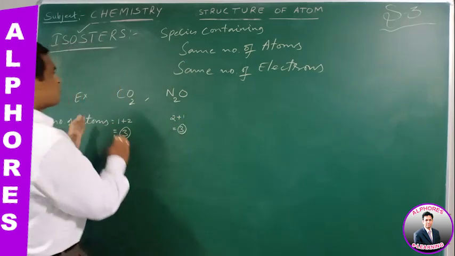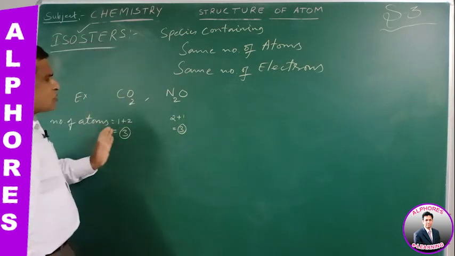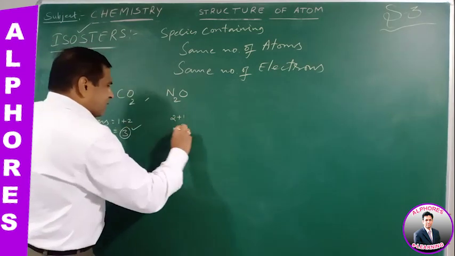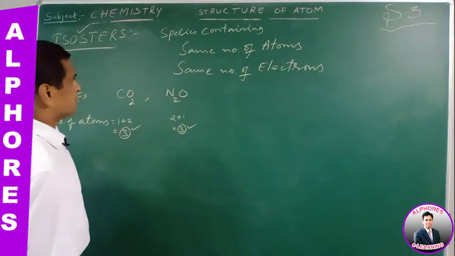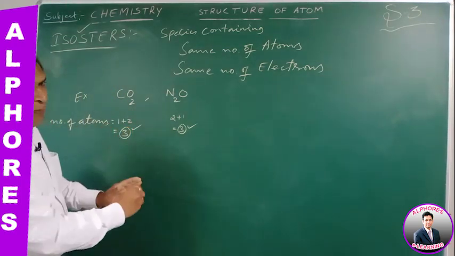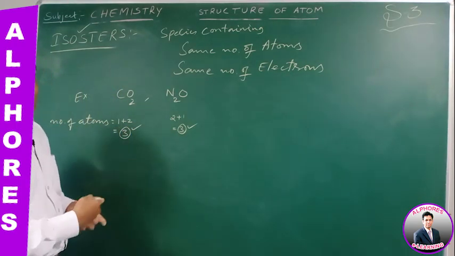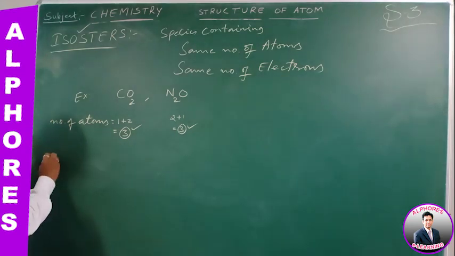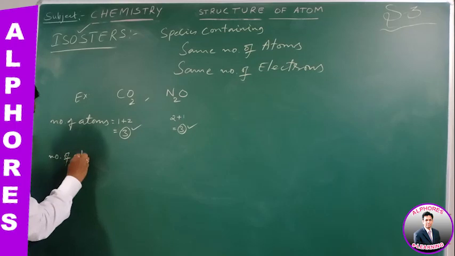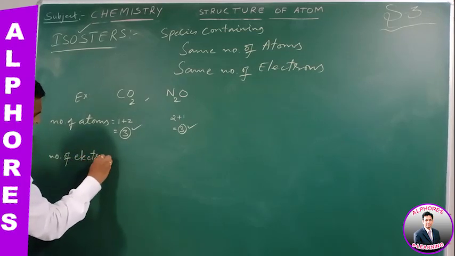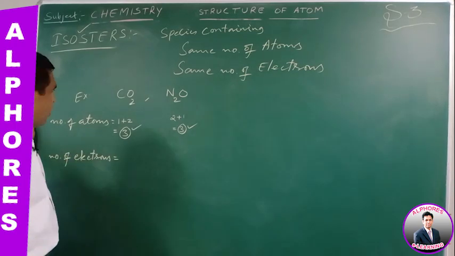So these two, carbon dioxide and nitrous oxide, possess the same number of atoms. Next, number of electrons. How many are there?